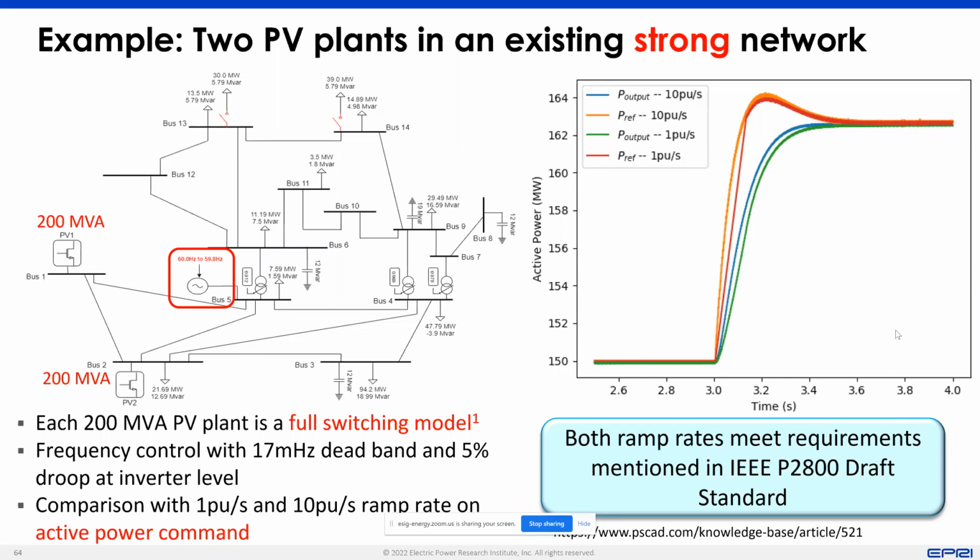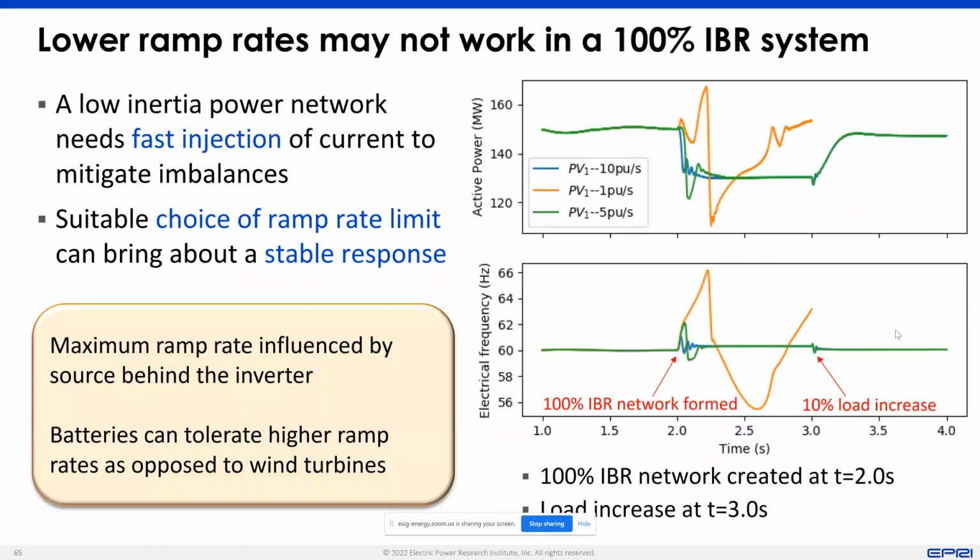Now, in a strong system where the ramp rate consideration doesn't play a role, it can actually start playing a role in a weak system, or in a system where you suddenly transition to a 100% inverter-based resource scenario, wherein if you take that same network and you disconnect that infinite source at time equal to 2 seconds, essentially creating a 100% inverter system, now if you had a 10 per unit per second ramp rate for these resources, you're still able to maintain stability and able to even pick up load after that.